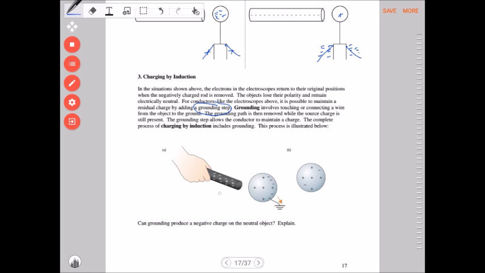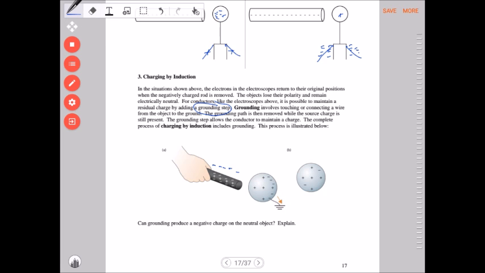So here's the deal. This is a negatively charged ebonite rod. Now when it's brought close to this pith ball, or conductive ball, I guess, it pushes all the electrons away. Now this little symbol means a ground. You either touch it with your finger, which provides a path to the ground, or you can connect a wire to it, it doesn't matter.